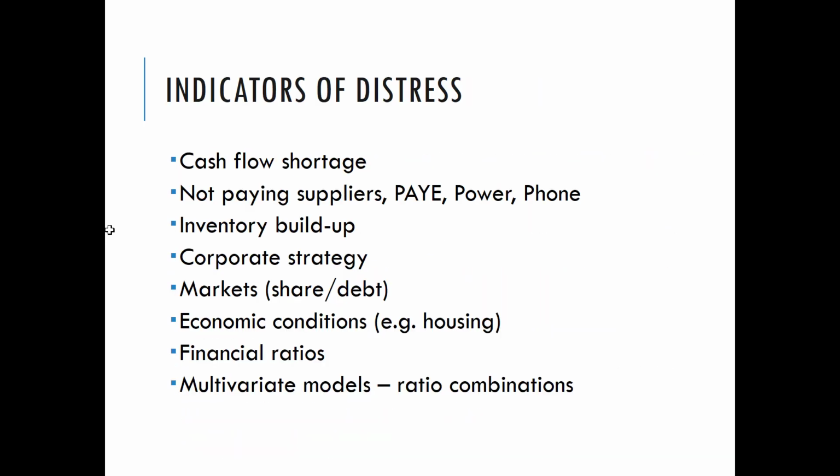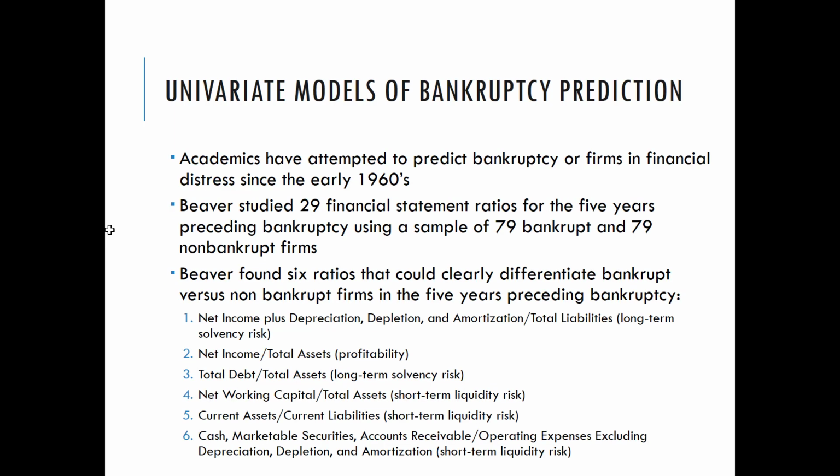So generally speaking, there are a whole bunch of things that you can use as indicators, but academic research specifically has tried to use financial ratios because they're very easily accessed. You can get them off Bloomberg, or you can get them from the financial reports and calculate them, so you have access to them very easily. Academic research has tried to use some form of a prediction model for about 50, 60 years now.